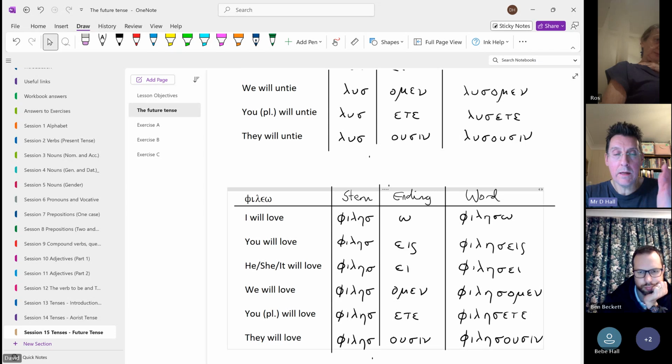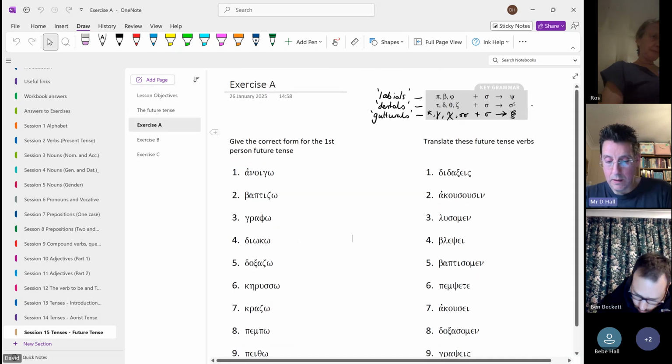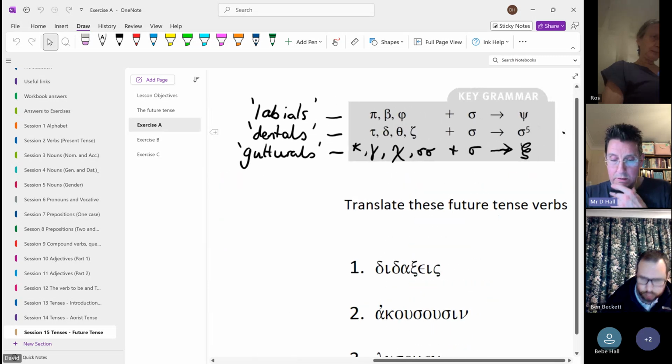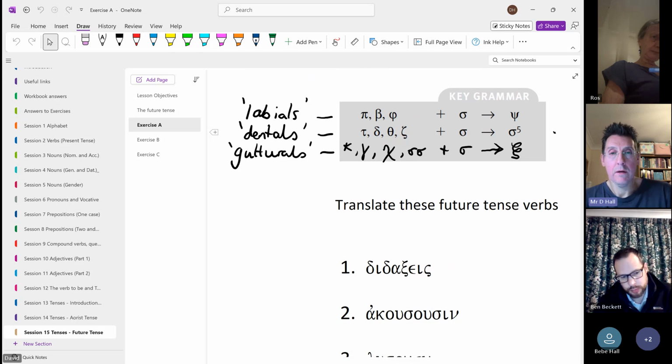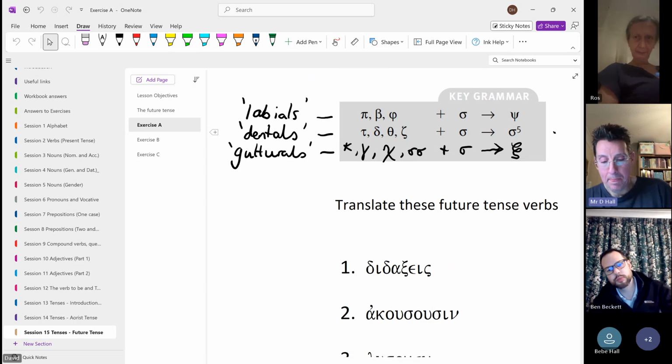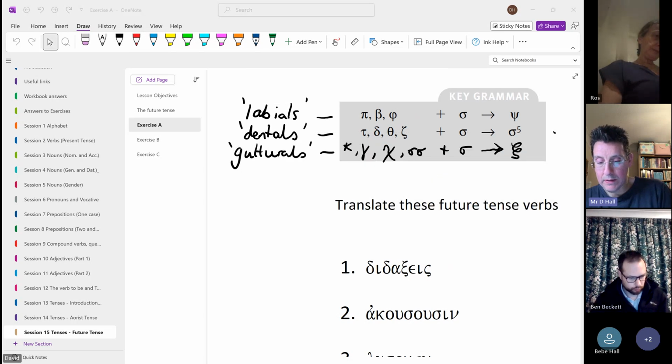When the end of a stem of a verb is one of the consonants that combines with the sigma, and just to draw your attention to this bit again, if your verb stem ends with a pi, a beta, or phi, then when you add the sigma to it, it turns into psi.